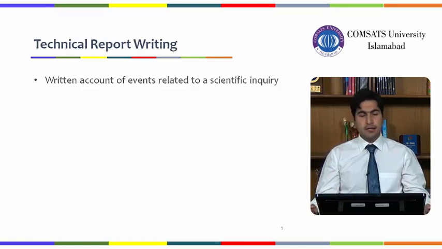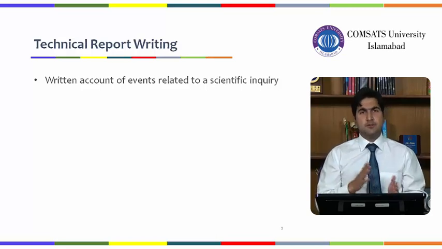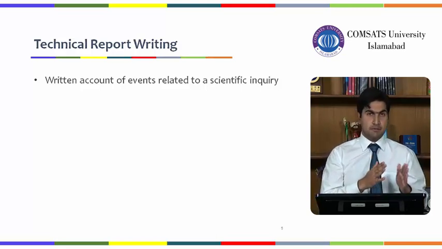But if we look at bullet number 1, what does technical report writing do? It's basically a written account of events related to a scientific inquiry. I remember I explained it to you within the previous lecture that basically it's all about the application of the scientific method.